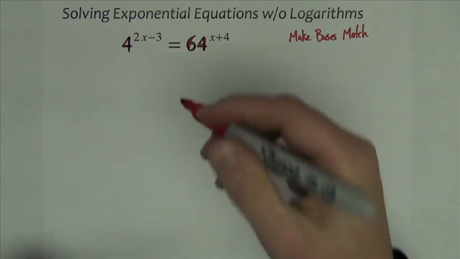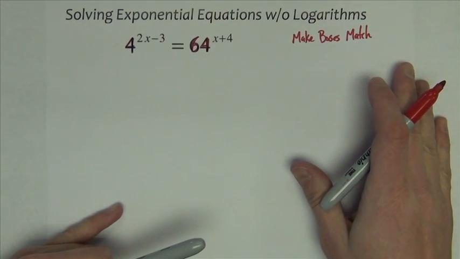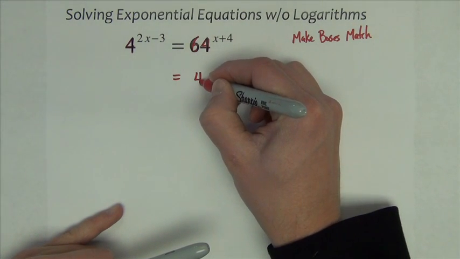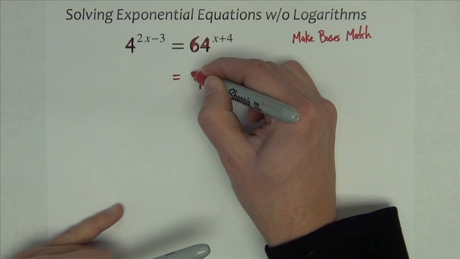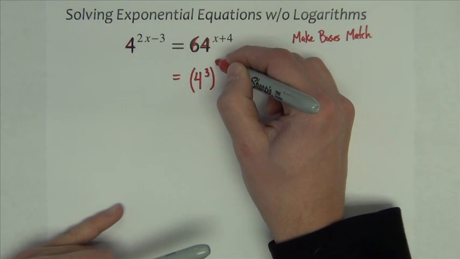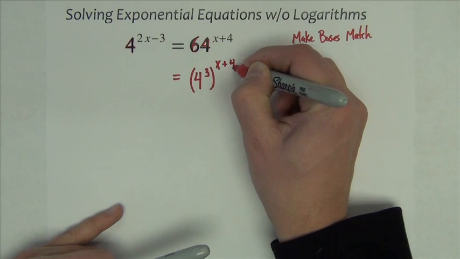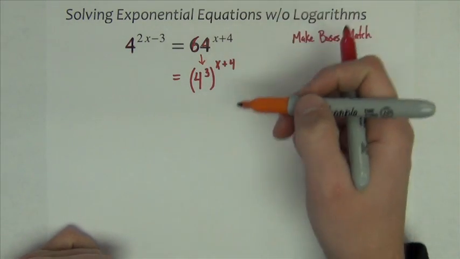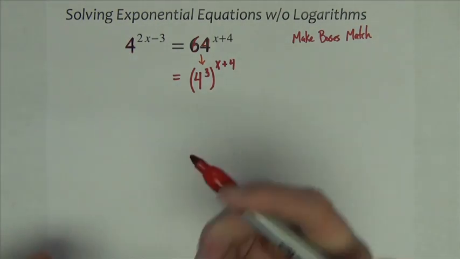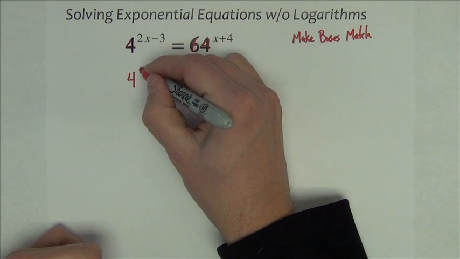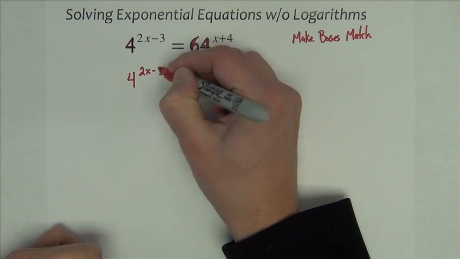I recognize, and hopefully you do too, that 64 is a power of 4. So 64 gets replaced with 4 cubed. Just like that, 64 is 4 cubed. On the other side, I can leave 4 just as it is, 4 raised to the 2x minus 3.